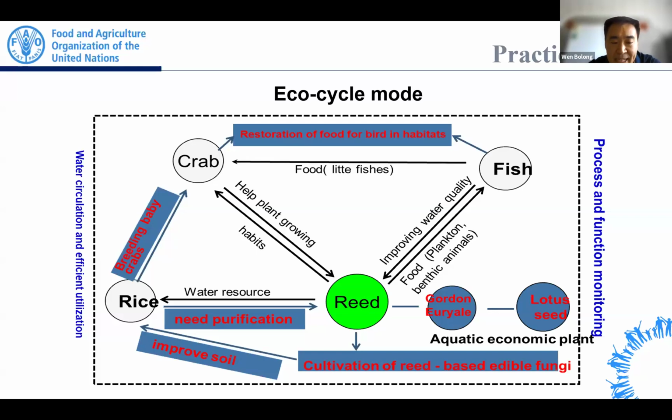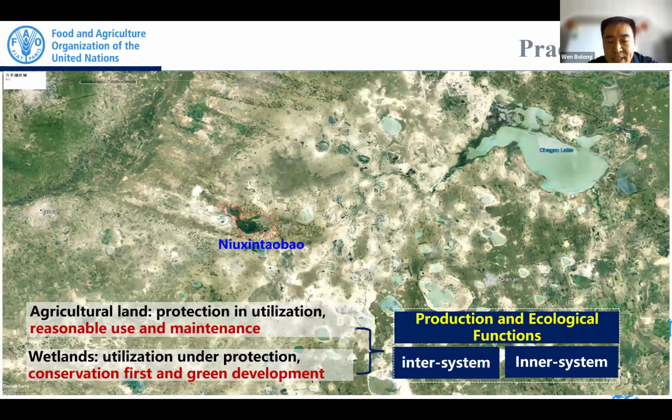We treat paddies and wetlands as an integrated system, taking into account various factors such as crab, fish, rice, birds, and so on. The most important thing is to achieve a balance between production and ecology, both between and within systems.